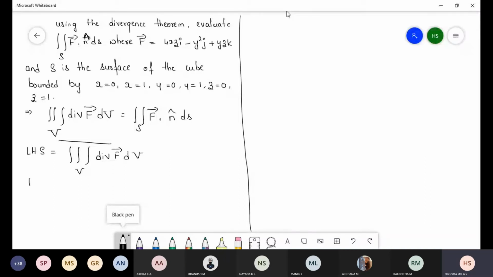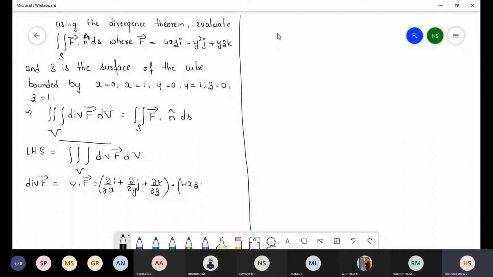Now divergence of vector f is equal to del dot vector f. Del means dou by dou x i, dou by dou y j, dou by dou z k. Dot vector f means 4xz i minus y square j plus yz k.